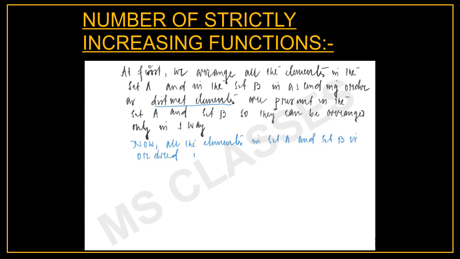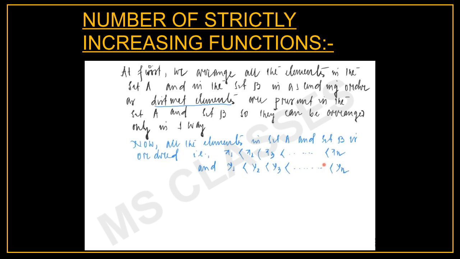That is, x1 less than x2 less than x3 less than up to xn, and y1 less than y2 less than y3 less than up to yr. So here all the elements are ordered.